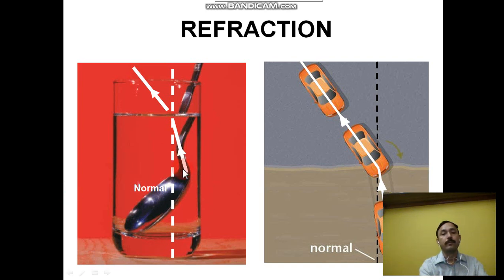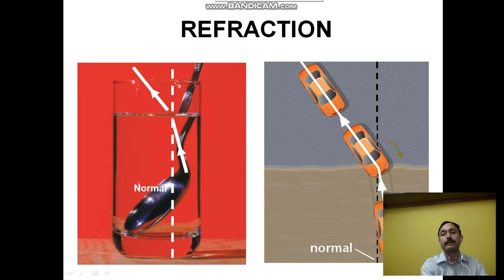In this case, the velocity of light in water is less, in air it is more. So when light comes from water to air, the speed of light increases, so it moves away from the normal. This is in analogy with the car moving from the muddy surface to the normal surface.